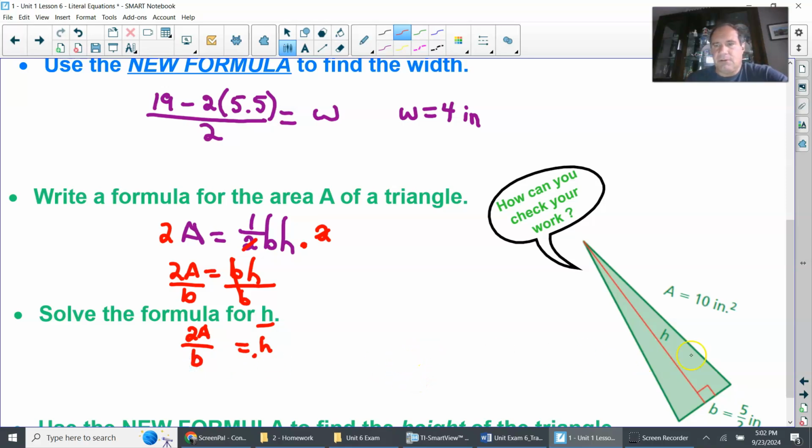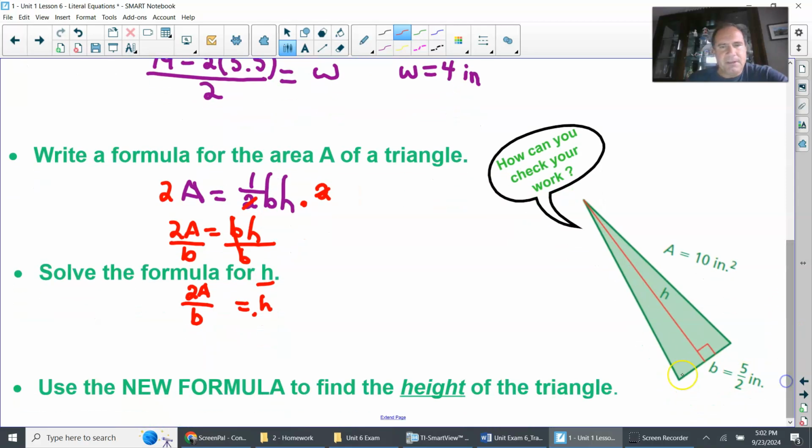And that's great because you have the area of 10. Now we could use the new formula. H equals 2a over b. And we got h equals 2 times a, which is 10. And I'm going to change 5 over 2 to 2.5.